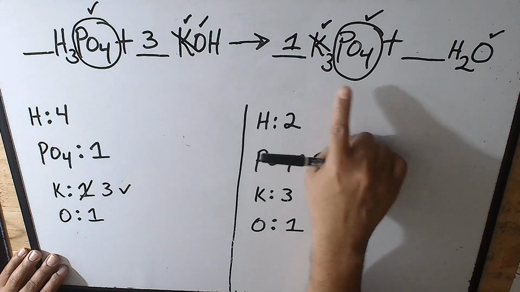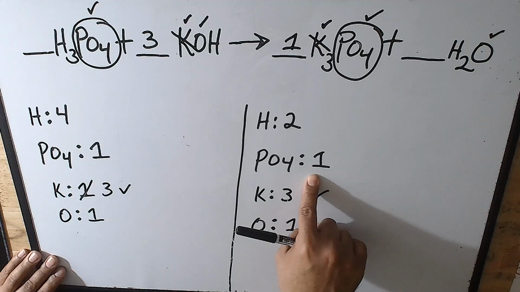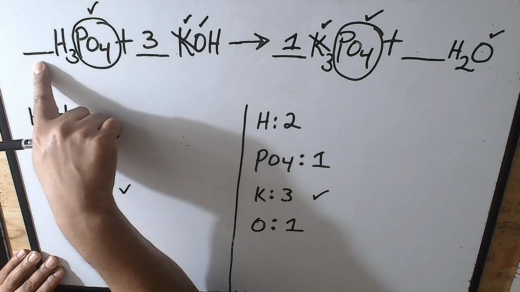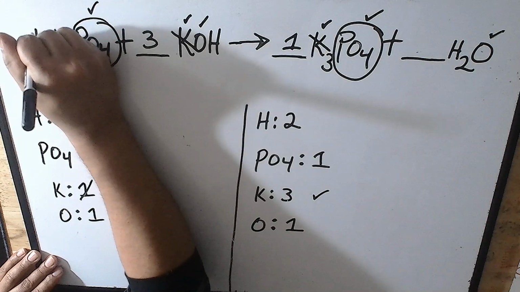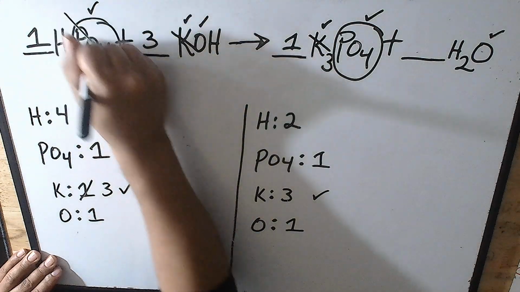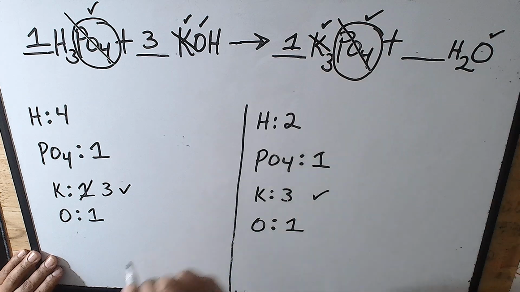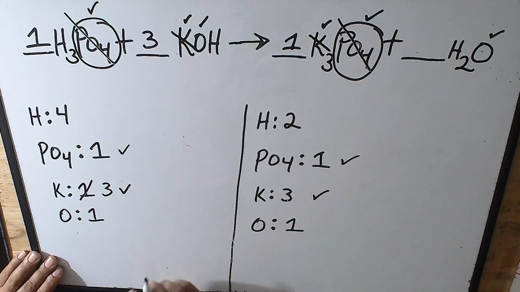Now, I know I have 1 phosphate in the product side. So therefore, I need to have also 1 phosphate in the reactant side. So I'm going to lock it in with a coefficient of 1. So I'm done with the phosphates. So this is checked off as well because they're balanced, the phosphates.